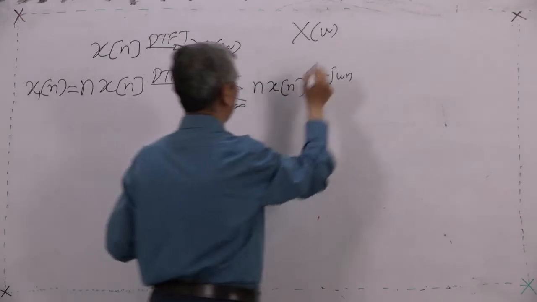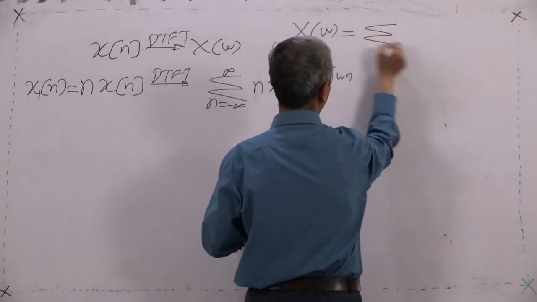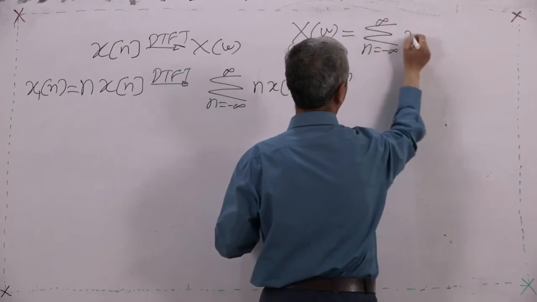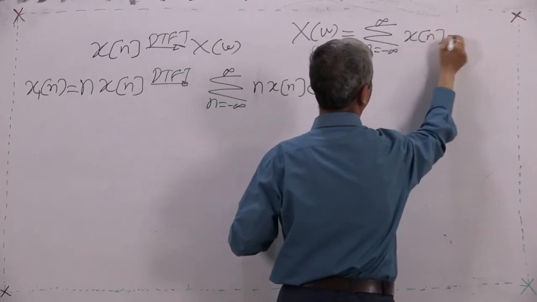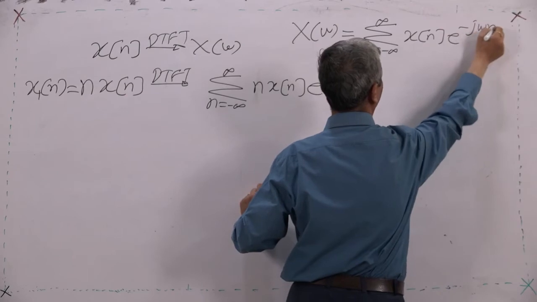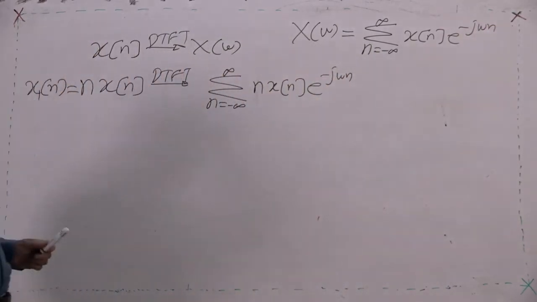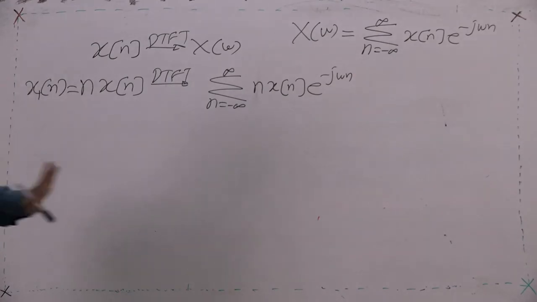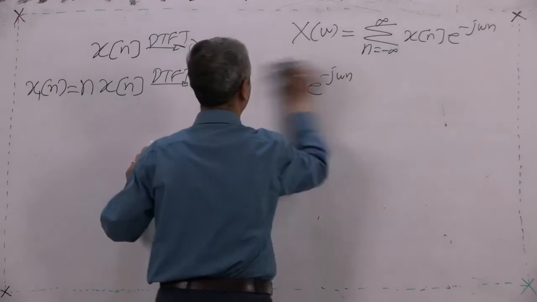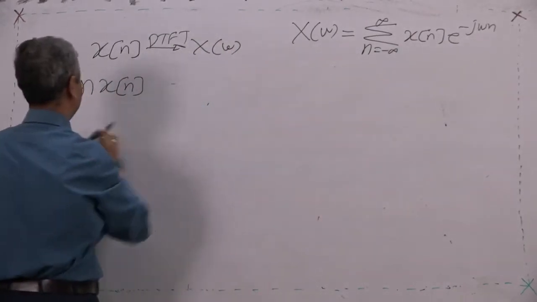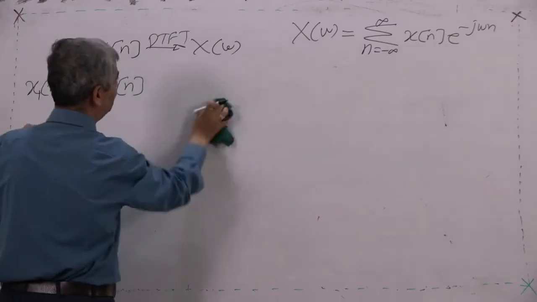Now, X(omega) is what? X(omega) is the summation n equal to minus infinity to infinity of x[n] e raised to minus j omega n. Now, what is said? Derivative. So this we keep on this side, we don't do anything now.